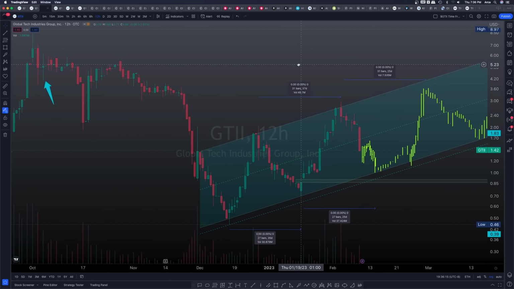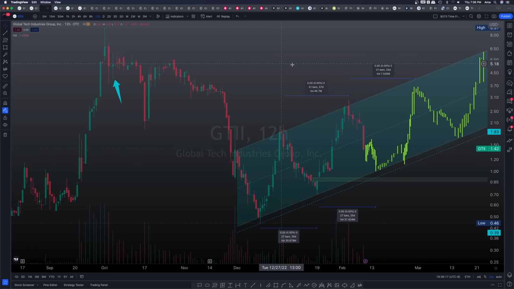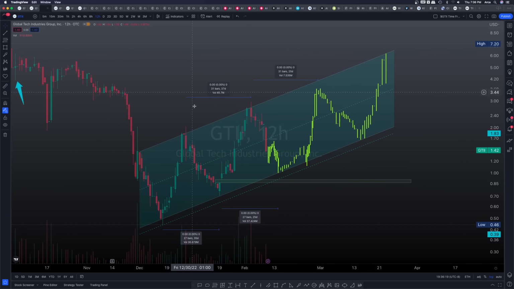I want you to notice real quick that we have a time fractal. This is what I'm trying to do: I'm trying to time the amount of times we've hit the low versus the amount of times that we've hit the highs, right? What we're facing right now is a structure, and it's actually a pretty bullish structure. It's a series of higher highs and higher lows.